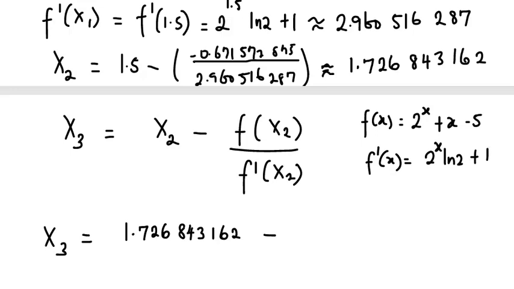So if you check f of x subscript 2, letting x equal this, this one right over here is going to give you 0.03687056766.